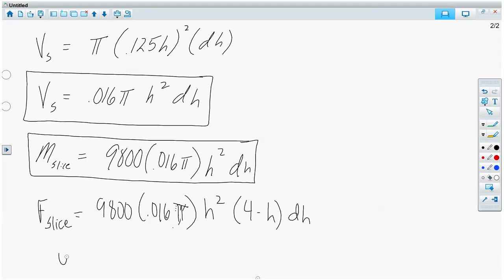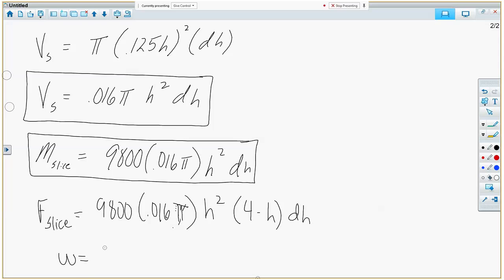So work is equal to 9,800 times 0.016 pi times the integral from 0 to 4 of 4h squared minus h cubed dh.